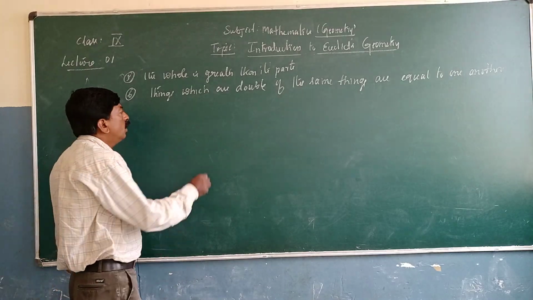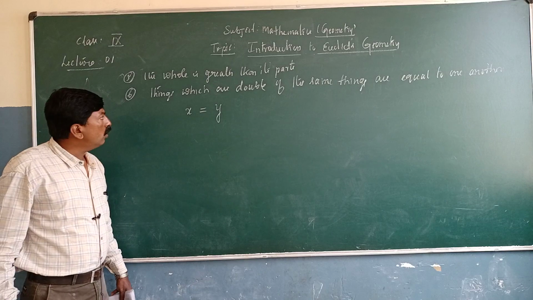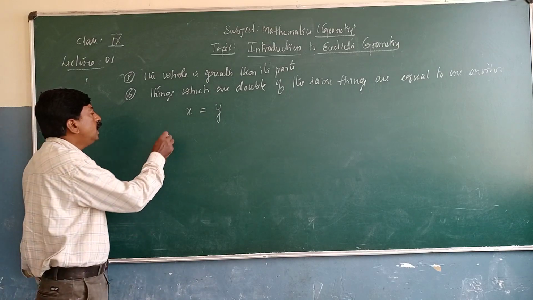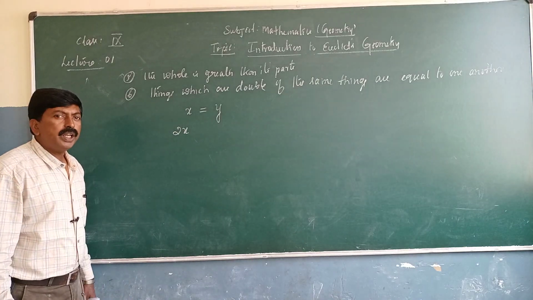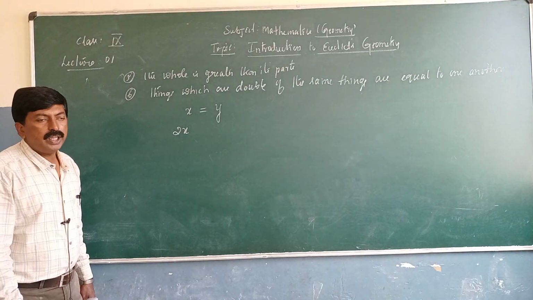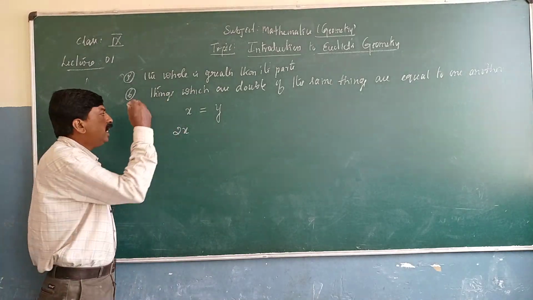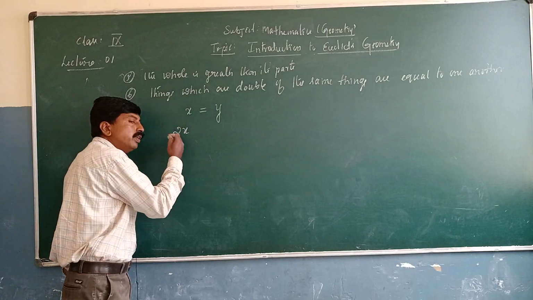So remember, x must be equal to y. Things which are double means you have to multiply x, it will become 2x. So x is one quantity, 2x is another quantity. See the difference between these two: 100 rupees, 200 rupees; 90 rupees, 180 rupees.